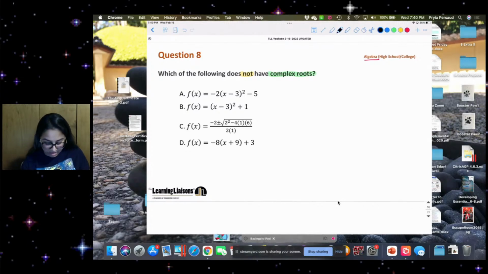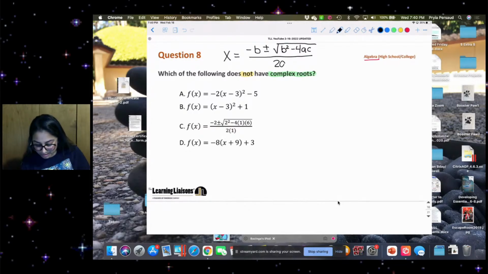The discriminant comes from the quadratic formula, x equals negative b plus or minus the square root of b squared minus 4 times a times c, all divided by 2a.